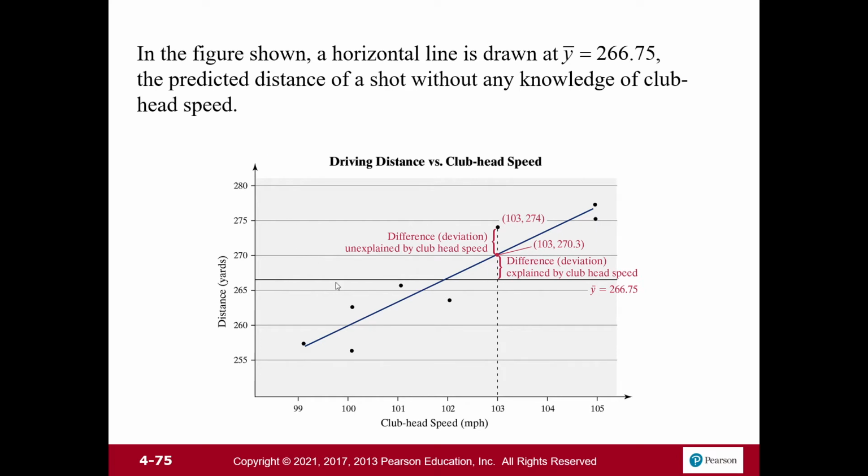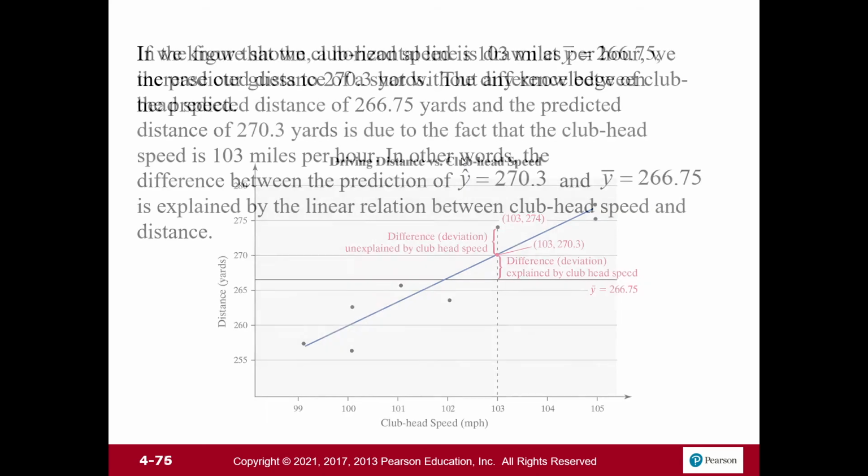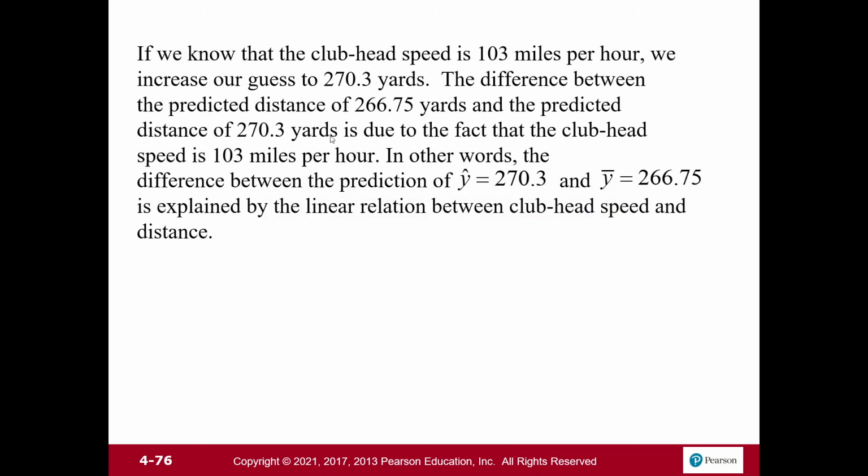Now we saw this before, that our predicted line was that blue line, and we calculated the residual between the observed value at 103 and the predicted value at 103. And we realized that there is a change between them. So the difference between the prediction is explained by the linear relationship between the club head speed and the distance there.